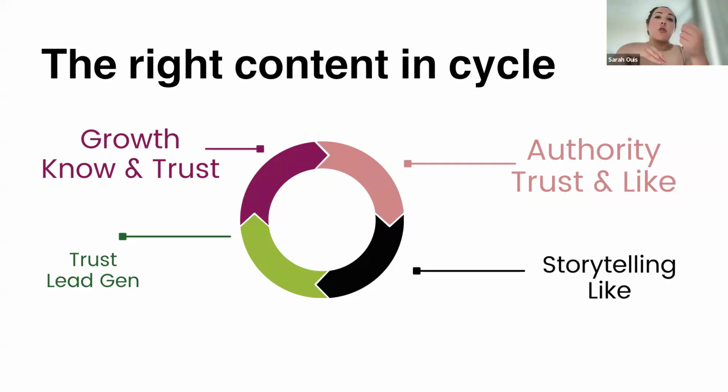You have to do an element of storytelling, something more personal to you, which will enhance the like factor. And finally, you have to produce lead generation content for people to trust you and inquire from you. So basically, you have to post different types of content in cycle for people to not only know you, but feel that they like you and can trust you enough to at least inquire about business. That's how it goes. So let's start with the first category.